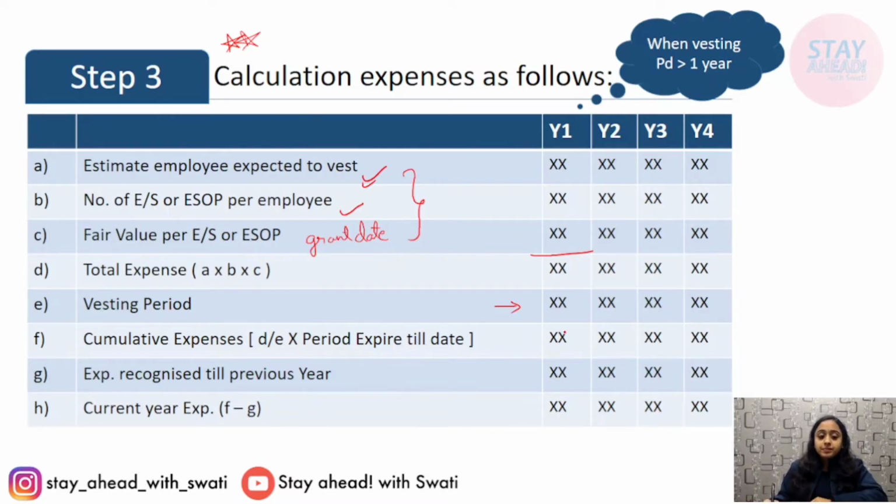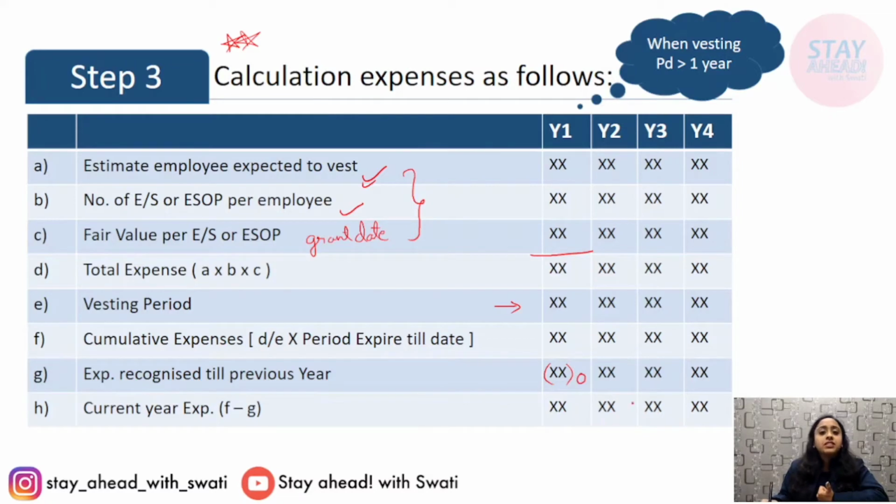Then comes cumulative expense, like the expense throughout the scheme. But what amount will you be charging to P&L? The amount that is related to just this period, on SLM basis. So you will deduct any amount that has already been recognized in any previous year. For the first year it is generally 0.